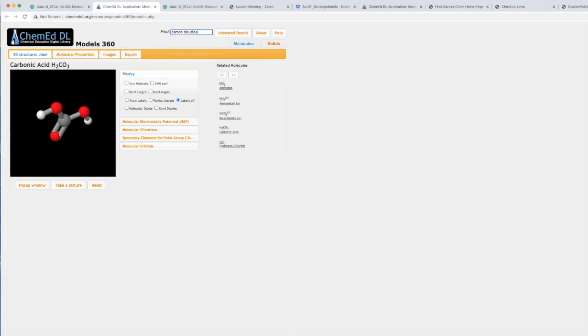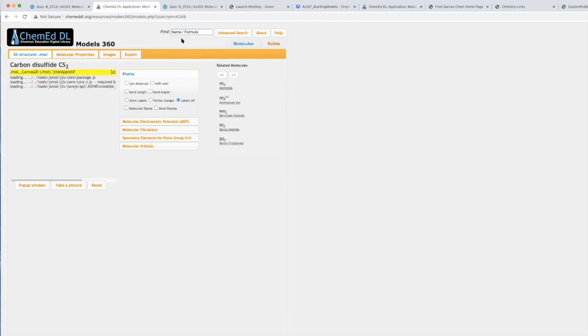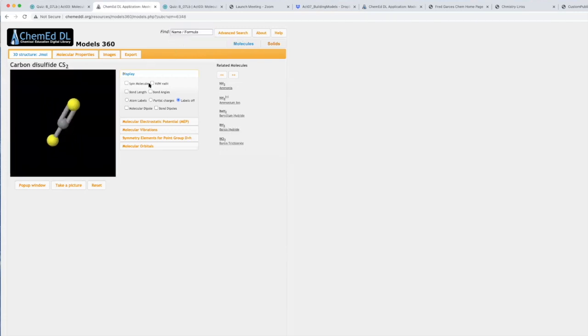And you have to spell it correctly. Or maybe you put in the correct formula right there, okay? Put in the formula or you do the name, and it's this compound right here, carbon disulfide.